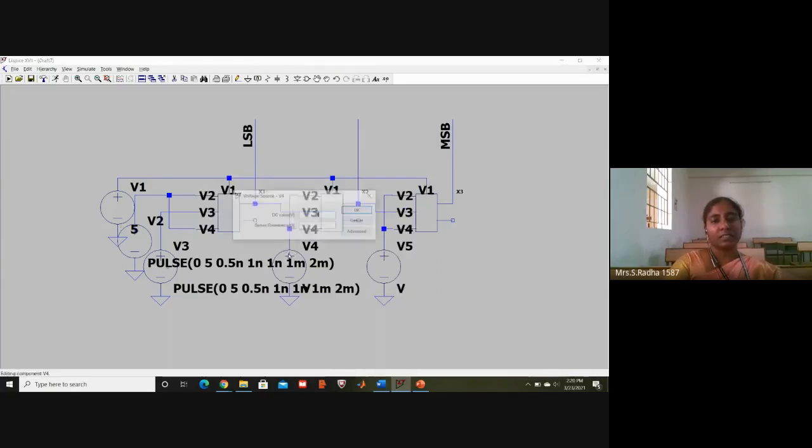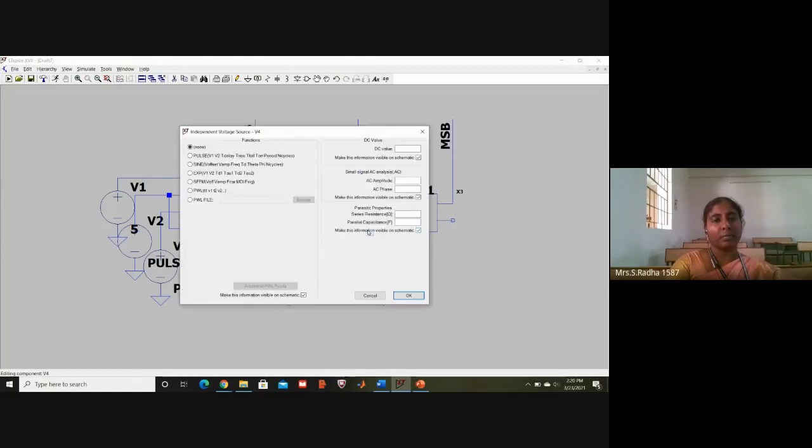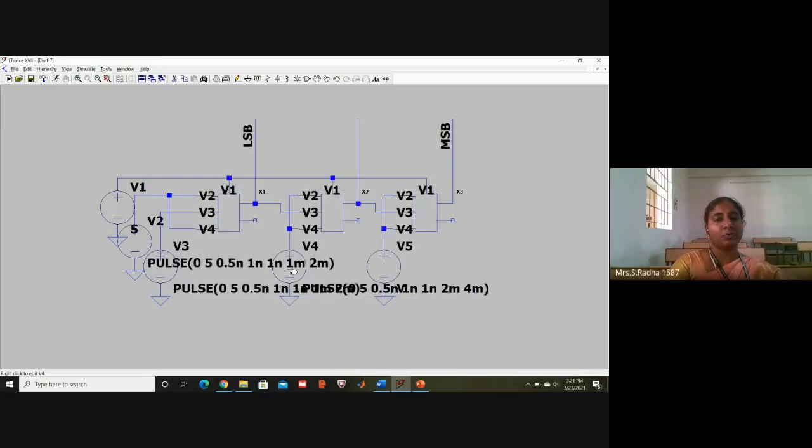Second stage, time period I will make double of the previous, double of the clock, 0 followed by 5. Then I will give 0.5 nano, rise time, fall time, and on time. Now time period is double, so 4 milli I am taking in the second stage input, this voltage where J and K connected together.